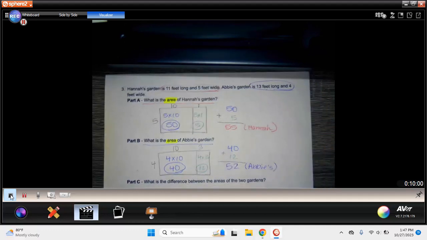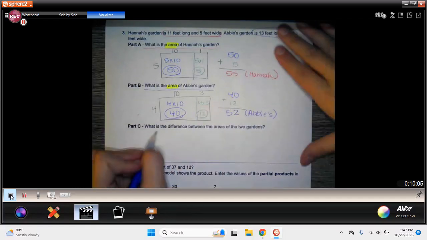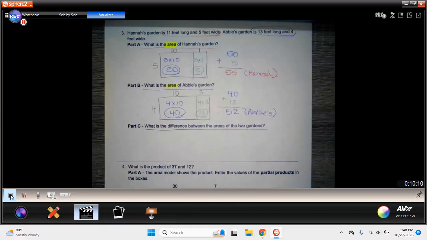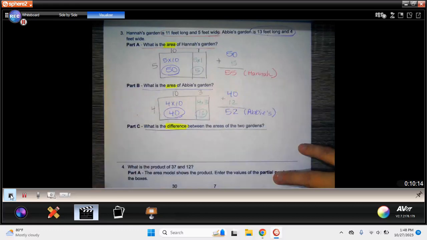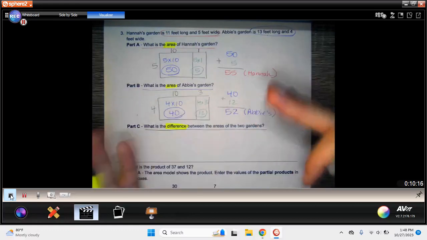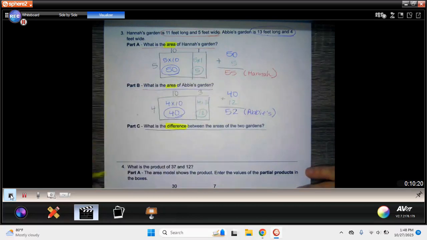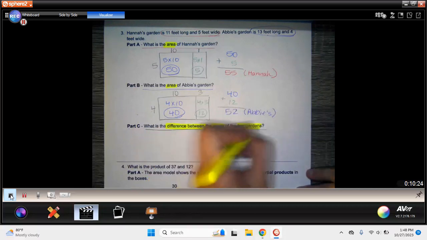Now, the next part of this, part C, is I need to find out what is the difference between the two areas of the two gardens. So I need to find the difference. How are they different? How much space is between these two areas that make Hannah's bigger than Abby's? So the difference between the areas of the two gardens.